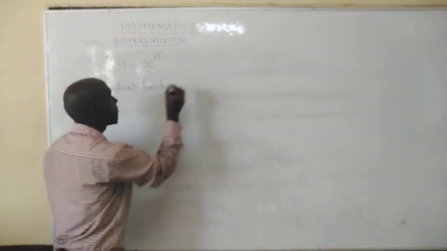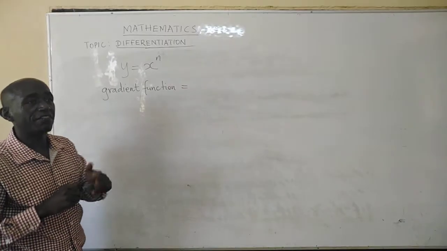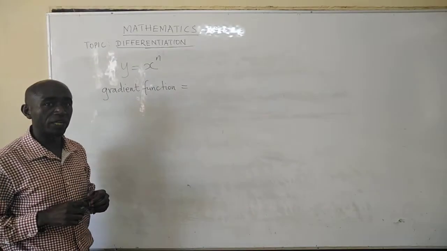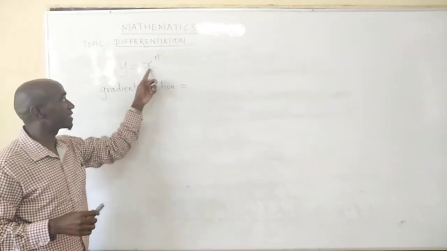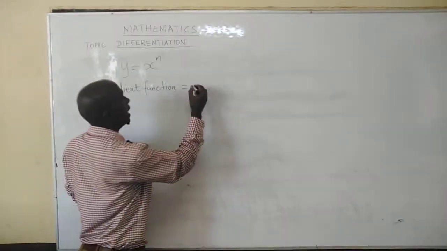we are going to talk now about gradient function. Why? Because it is not a constant. It's a function, gradient function. It will have a variable in it, a variable like x in it, so that gradient function will be used to get gradient of the curve at any point. So the gradient function of this curve is given as the formula n.